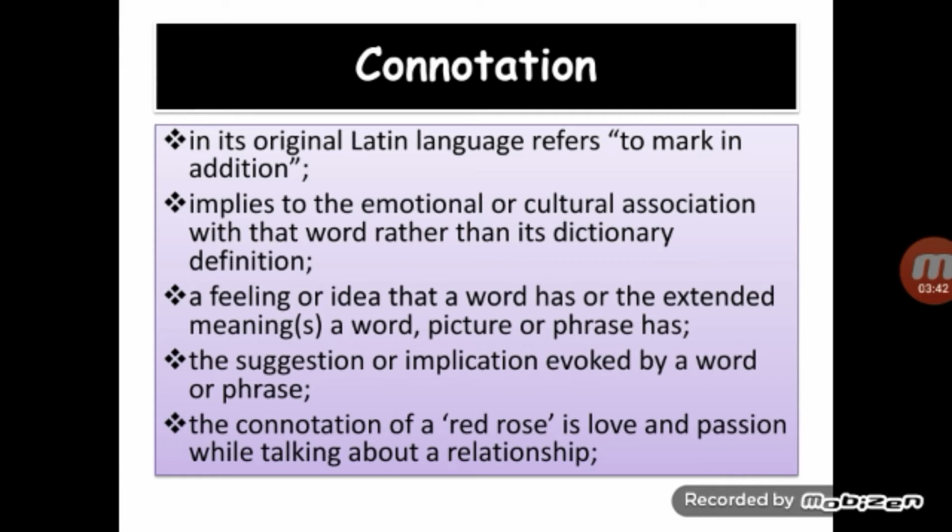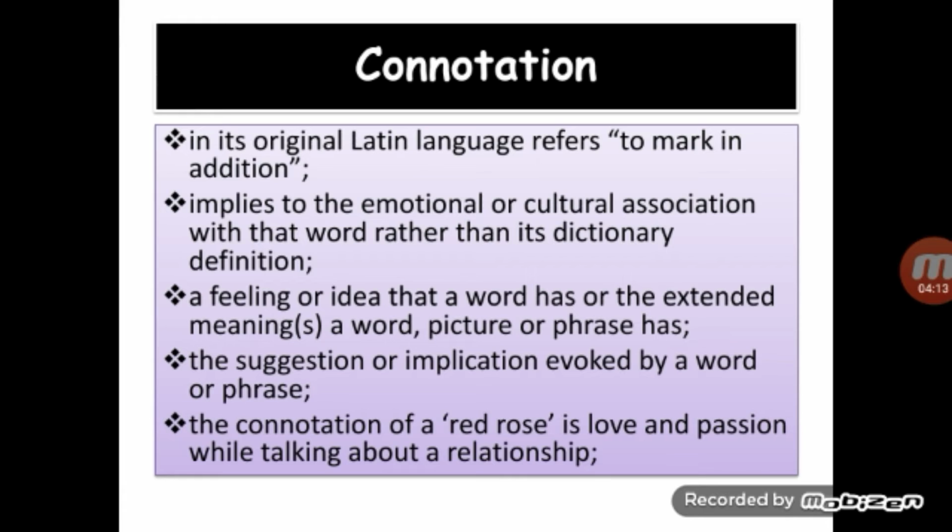So, connotation implies the emotional or cultural association with the word rather than its dictionary definition. Dictionary definition relates to denotation. Connotation refers to the emotional or cultural association that the word is related to. Connotation is simply a feeling or idea that a word has, or the extended meaning of a word, phrase, or picture.